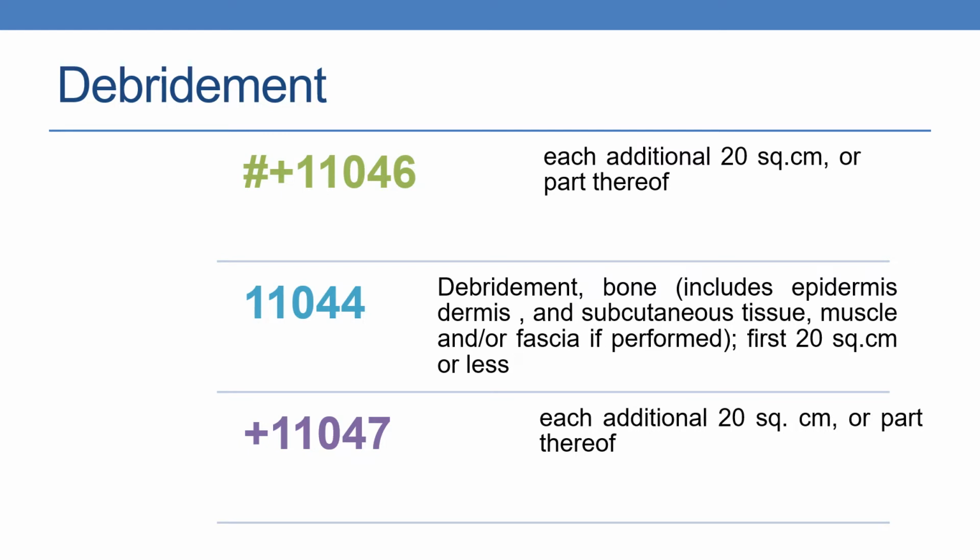The next is 11044, debridement bone including epidermis, dermis, subcutaneous tissue, muscle and or fascia if performed, first 20 square centimeters or less. The next is an add-on code, plus 11047, which is debridement bone, each additional 20 square centimeters or part thereof.